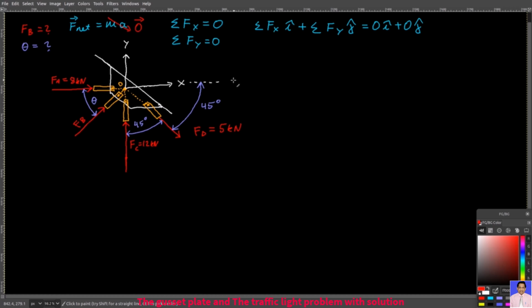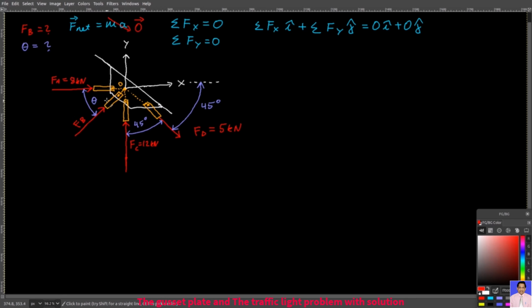And now, if we have to find forces or other unknowns, like this angle theta, then in order to do so, we first make a sketch of the object that we are analyzing, and then we list all the forces that are acting on that object. And this is exactly what we have done here. We have drawn the force vectors and the angles, and if we don't know a force or an angle, then we keep it as a variable.